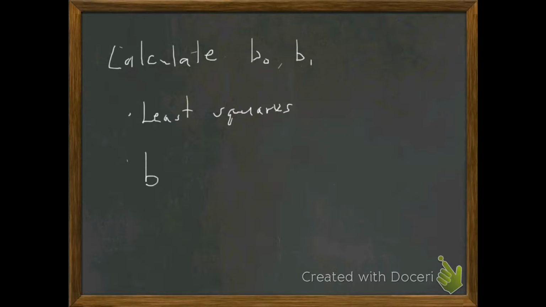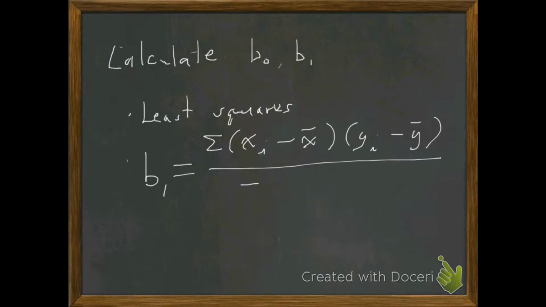And another is to calculate B1 by taking the sum of the products and dividing that by the sum of x sub i minus x bar squared, the covariance-type term.